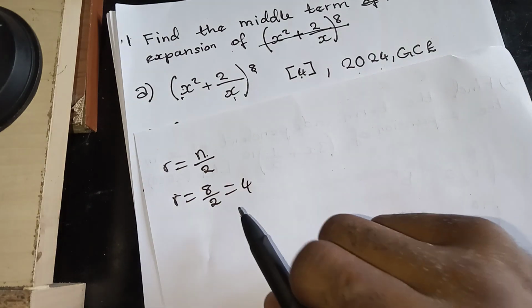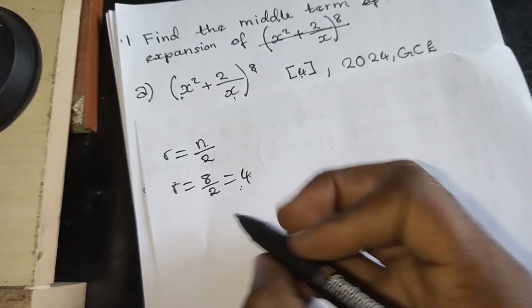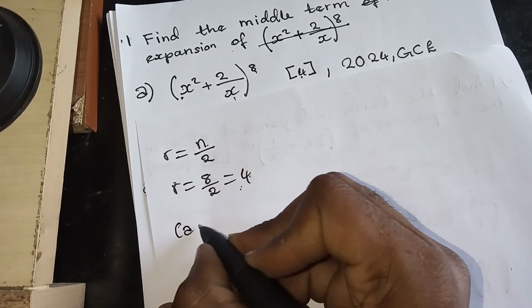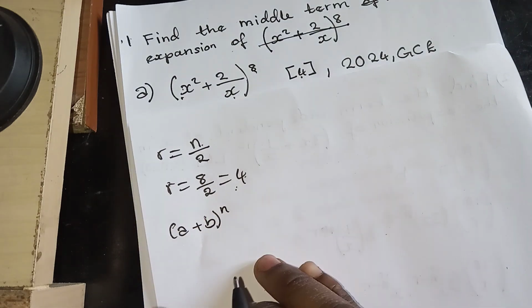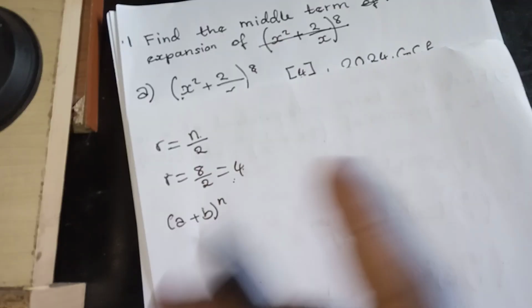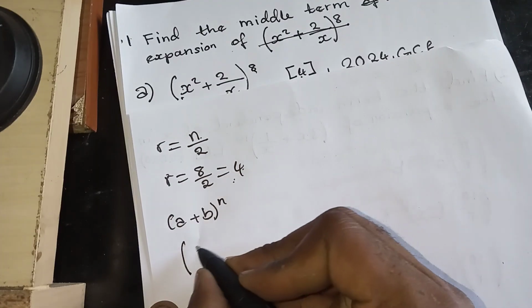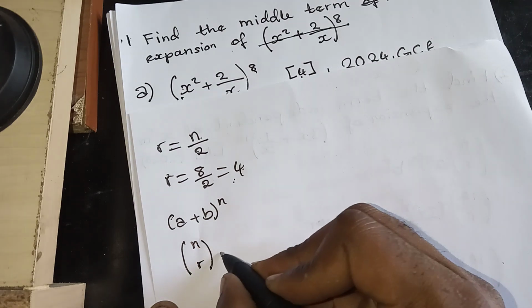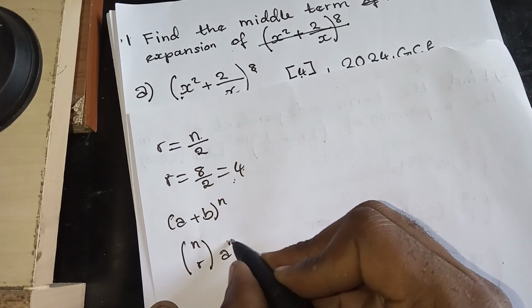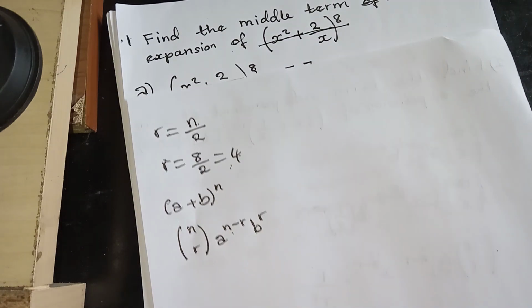So now we can find this term using the binomial theorem, which states that for (a + b)^n, I'm not going to list the other terms, I'll just list the general formula: a to the power n minus r, and then b to the power r.